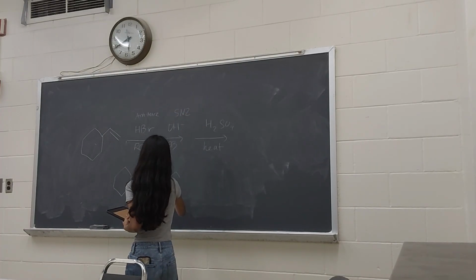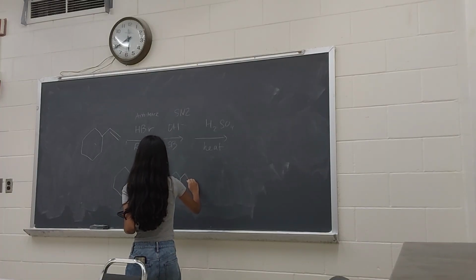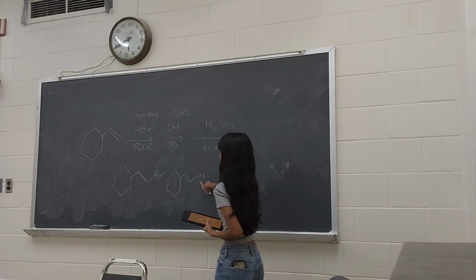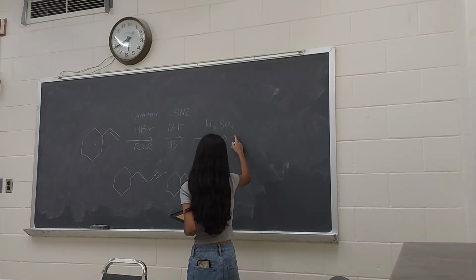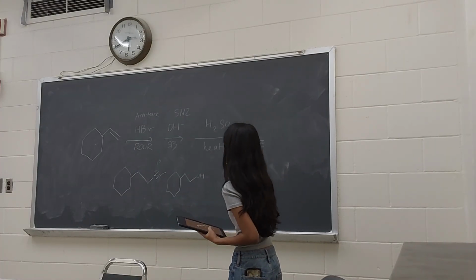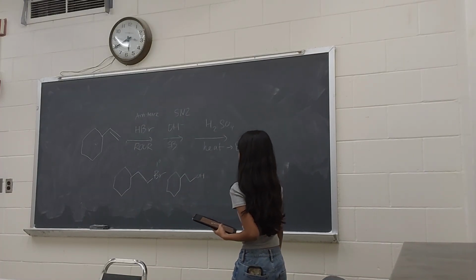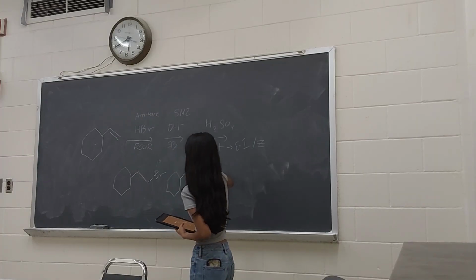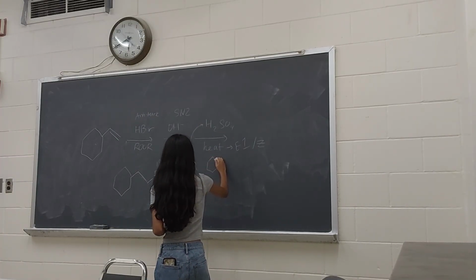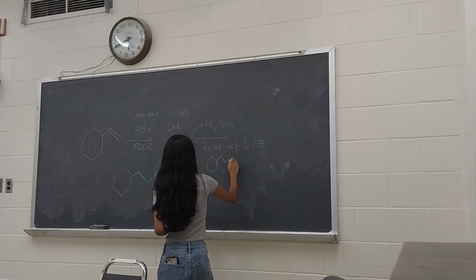Swap them, right? Br for OH. Again, alcohol, acid, E1. It's Zaitsev to the middle one, right? So it's just changing it. Again, we're gonna protonate, so this is OH2 plus.